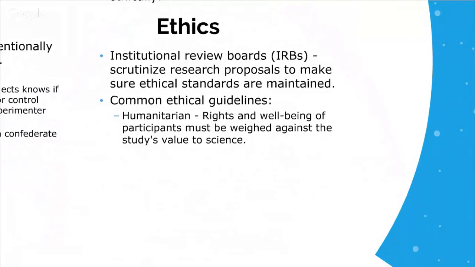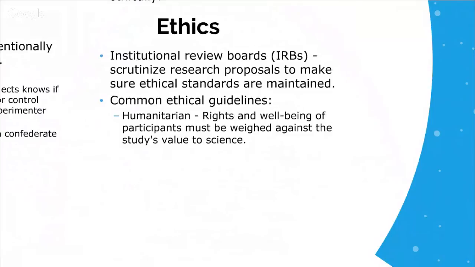So some of the common ethical guidelines here, humanitarian, that's where rights and well-being of participants must be weighed against the study's value to science. So, for example, you don't want to conduct an experiment that is not going to meet the rights and the well-being of the participants.